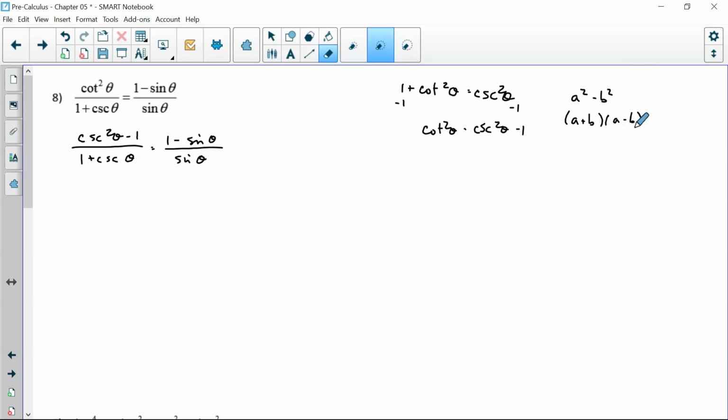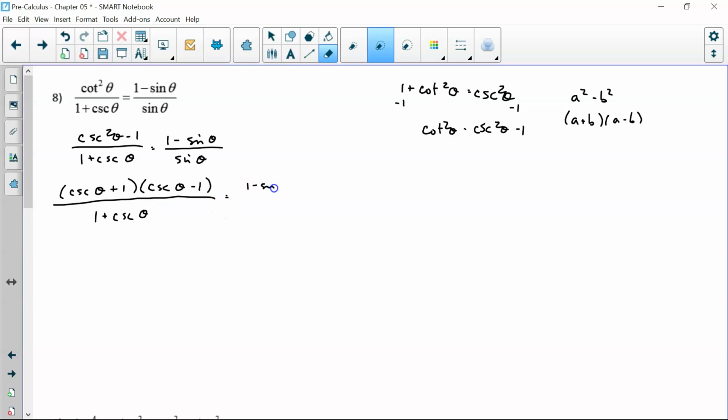So when I factor that, I get the cosecant of theta plus 1 times cosecant of theta minus 1, over 1 plus the cosecant of theta, equals 1 minus sine theta over the sine of theta.